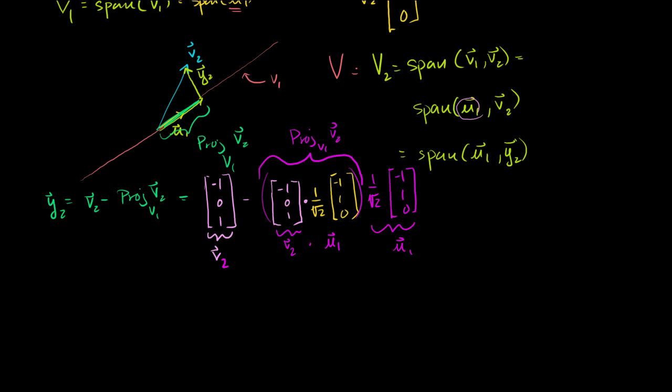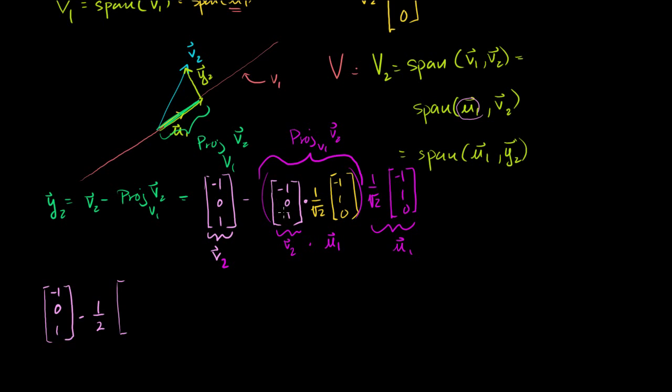So this is going to be equal to the vector minus 1, 0, 1 minus, now I could take the 1 over square root of 2 on the outside. Actually, I could take both of these onto the outside. So 1 over the square root of 2 times 1 over the square root of 2 is just going to be 1 over 2, right?